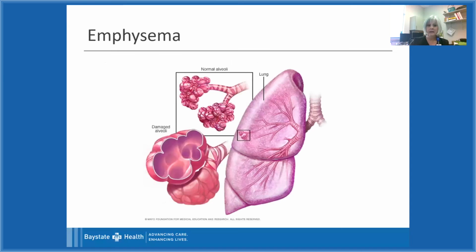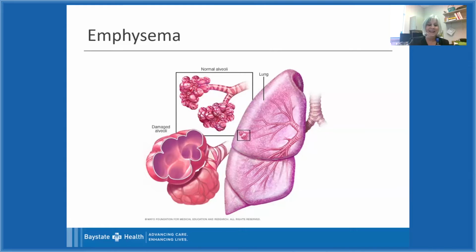This next slide shows you a nice picture of one of the lungs. It happens to be the right lung. The reason I can tell that is because there are 3 different lobes: the right upper lobe, the right middle lobe, and the right lower lobe. The picture in the background in this square box shows us what the normal alveoli look like. You can see they're nice and round. They have a nice shape to them. They almost look like bunches of grapes or stalks of broccoli.